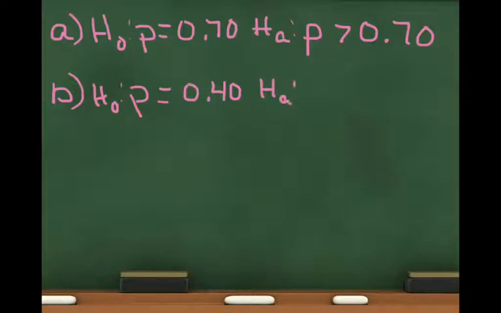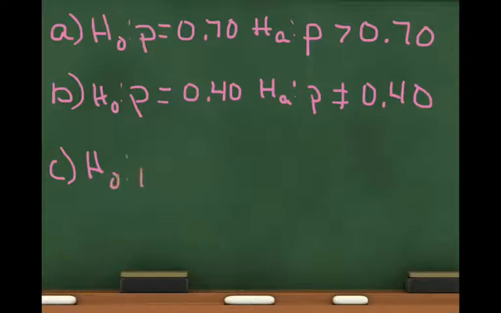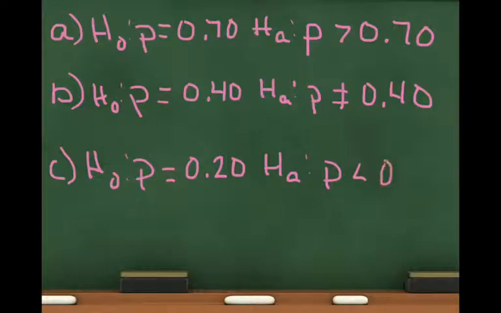Here they just wanted to see some type of change, and so P is not equal to 0.40. And then C, your null hypothesis should have been P is equal to 0.20. Your alternative, P is less than 0.20. On C, they wanted to see if the redesign has solved the problem.